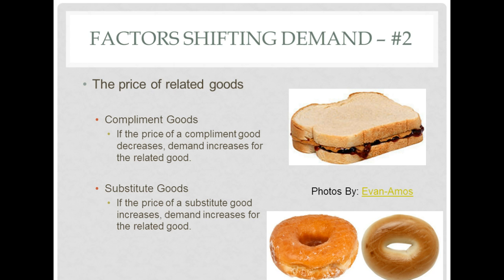If the price of a donut goes up, I am less likely to eat a donut, and therefore, at the same price, I am willing to buy more bagels. My demand for bagels has increased. So again, if the price of a substitute good, a good that replaces a good, increases, demand increases for the related good. And I think if you think about it, that makes sense.